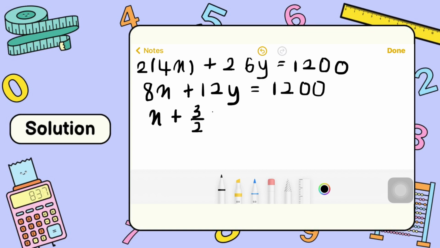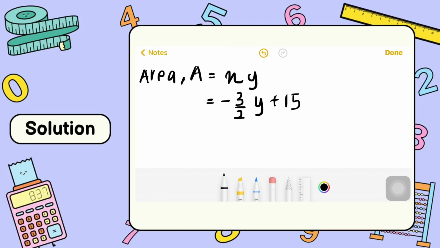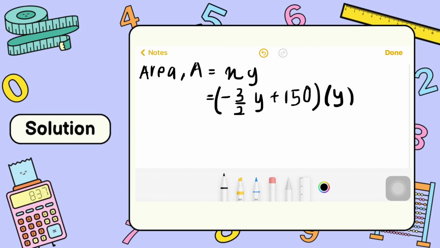Then, solve it, you will get x equals negative 3/2 y plus 150. Step 3. Identify the quantity to be maximized as a function of one variable. Area A equals xy. We already got the x value, so negative 3/2 y plus 150, open bracket y and close bracket.